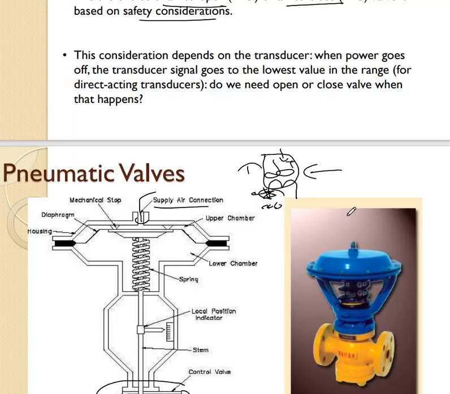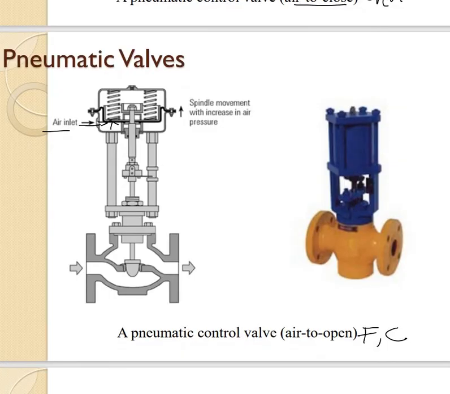Normally this air to open, or in other words fail close valve, is used for the level system. So basically in a level system, we will manipulate the feed inside the tank, right?